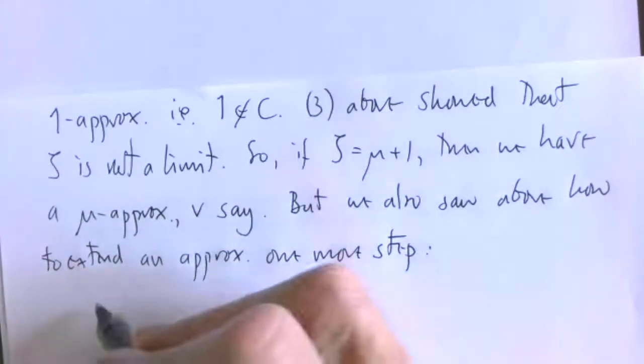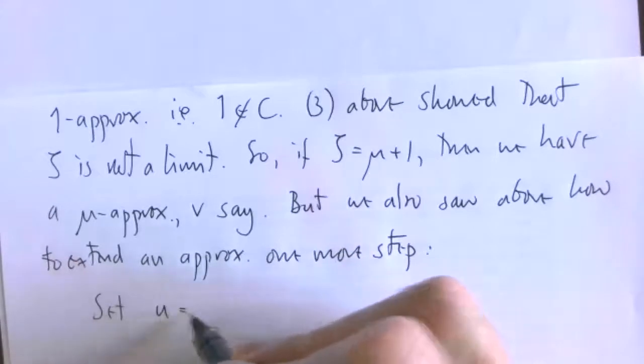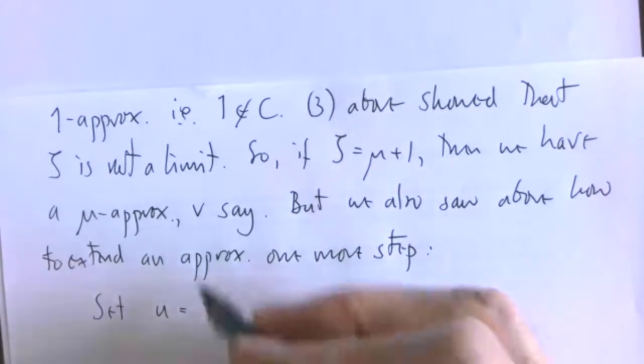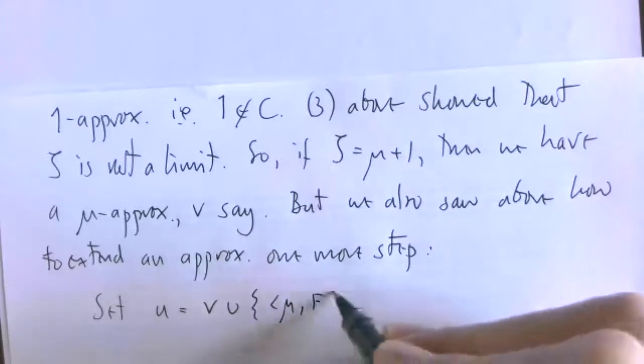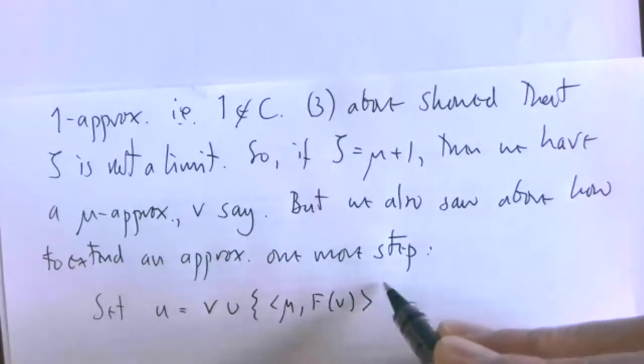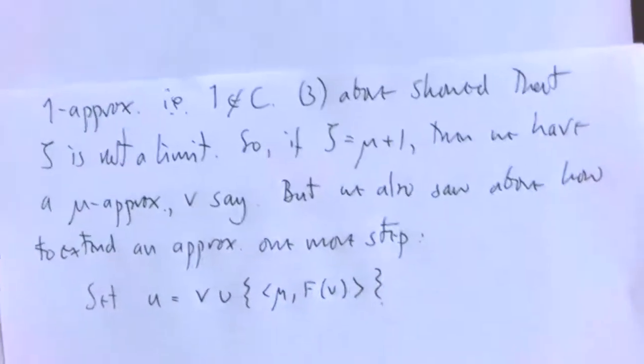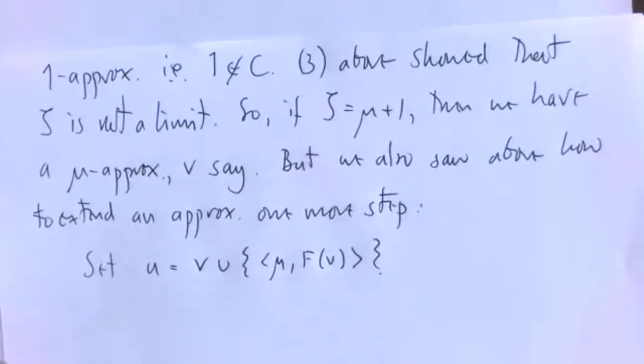All I have to do is just set U to be V, and I just add on that extra ordered pair, mu, f of V. And this then is a mu plus 1 or zeta approximation.